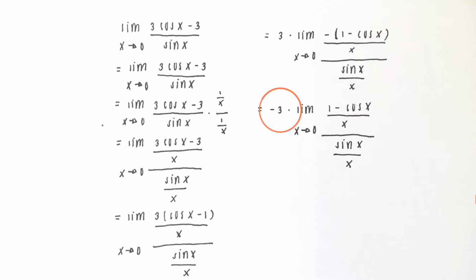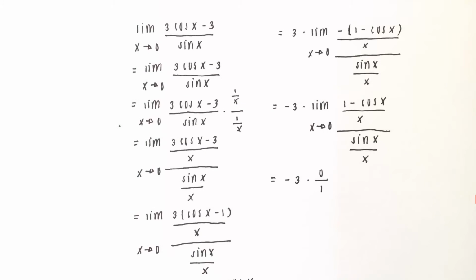Okay, so now that the numerator looks more like the rule and the argument of cosine x is equal to its denominator and the argument of sine x is also equal to its denominator, it is now time to evaluate. The negative 3 stays as it is while the limit of the function is being evaluated. The numerator, 1 minus cosine x all over x, becomes 0, while the denominator, sine x over x, becomes 1.